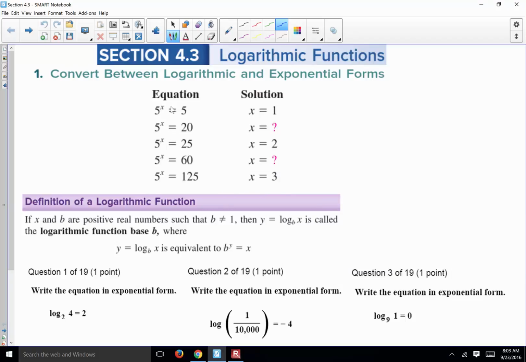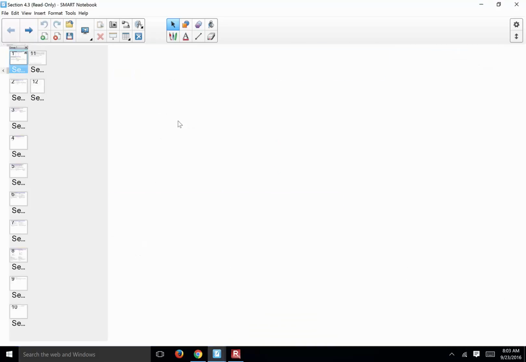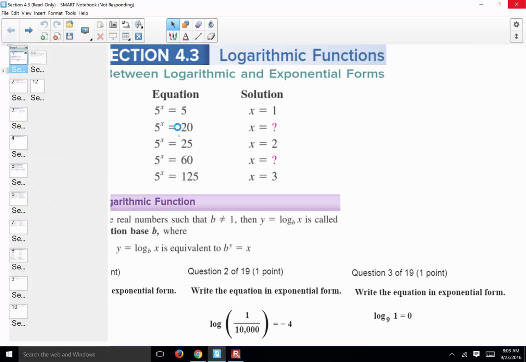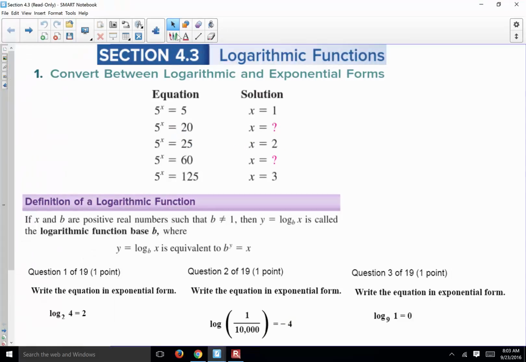Now, there is an equation you need to solve. It's 5 to the x equals 5. Can you guess? Now, just don't look at the right side, please. Can you guess what number you insert in x and 5 to that power is going to be 5? What power is that? Very easy question. 1. Of course, 1. What power of 5 makes 25? I'm skipping to this one. 2. What power of 5 makes 125? 3.